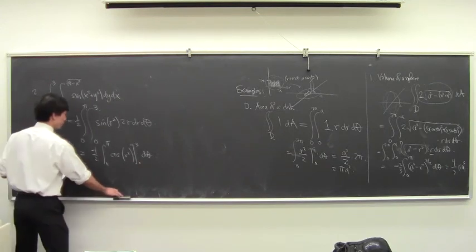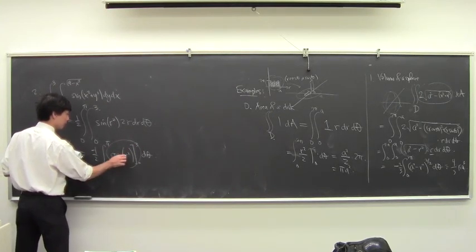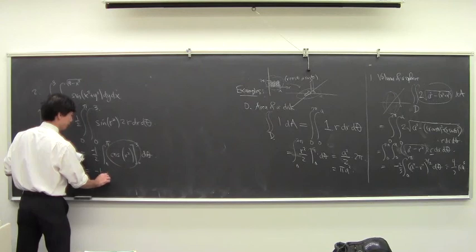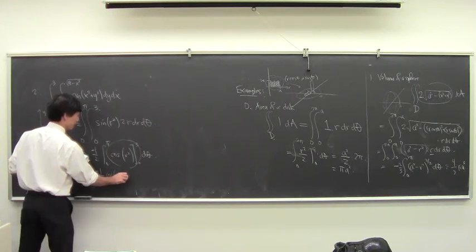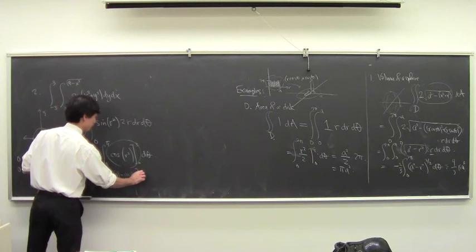And this thing is just going to be negative 1/2 cosine 9 minus cosine 0, times pi.